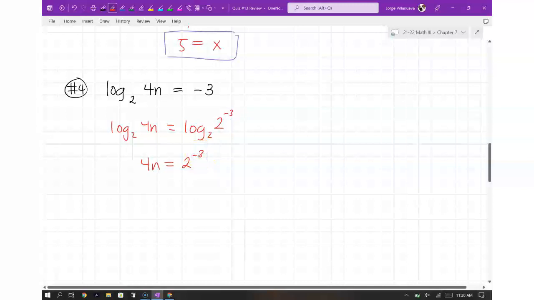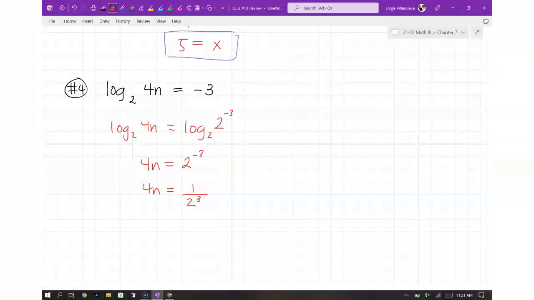Now, what does a negative power do? What does it do to the number? It flips it, right? So this is 4n equals 1 over 2 to the third. Remember, once you flip it, the power becomes positive, okay? Now, 2 to the third, that's an 8.